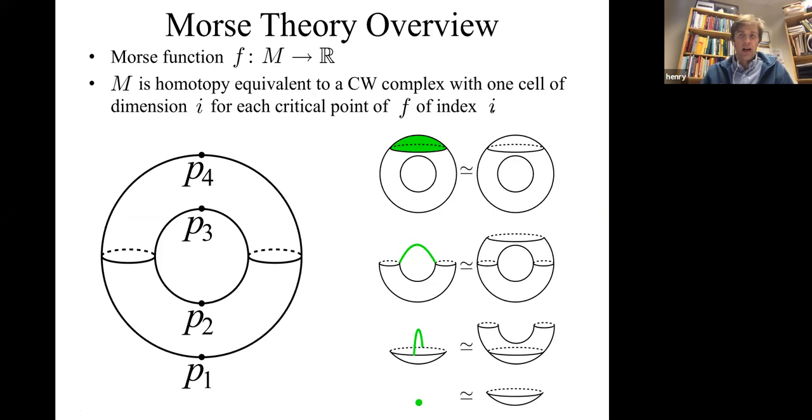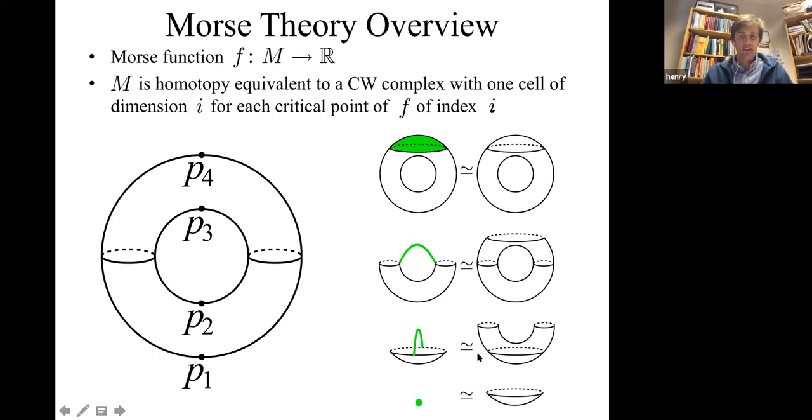And when we combine together the Morse lemma and the first two Morse theorems, it allows you to conclude that your space, in this picture the torus, is the same shape as a cell complex. And in your cell complex you have vertices, edges, and two cells, etc. Furthermore, we can say how many cells you have of which dimensions.